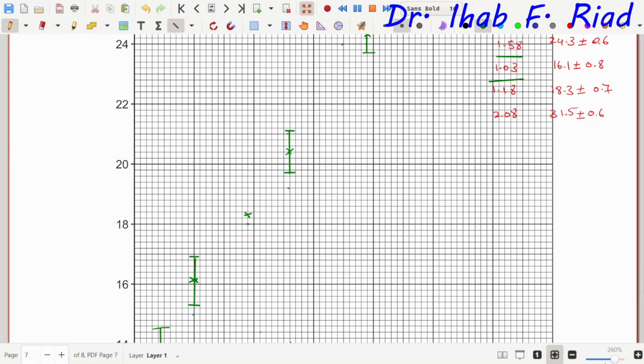Okay, now it goes to 19 and 17.6. 17.6 is down here. 17, 2, 4, 6. Okay, and it goes to 19, right? 19, yeah.